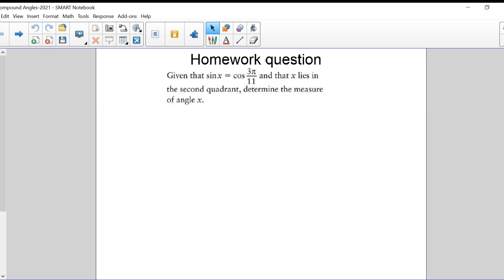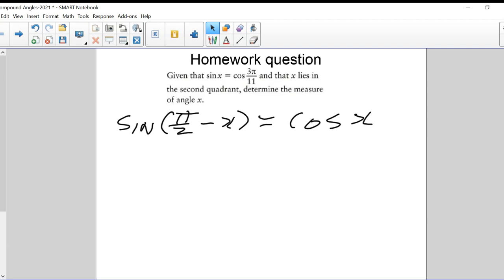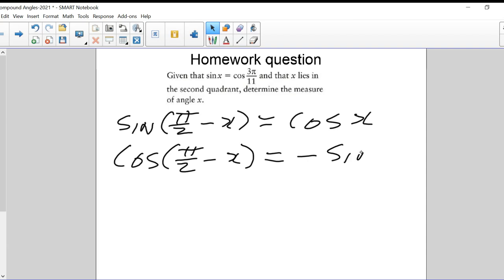When we're talking about the cofunction identities, we said the following, that the sine of pi over 2 minus, let's say x, since this is in terms of x, is equal to the cosine of x, that the cosine of pi over 2 minus x is equal to minus the sine of x.